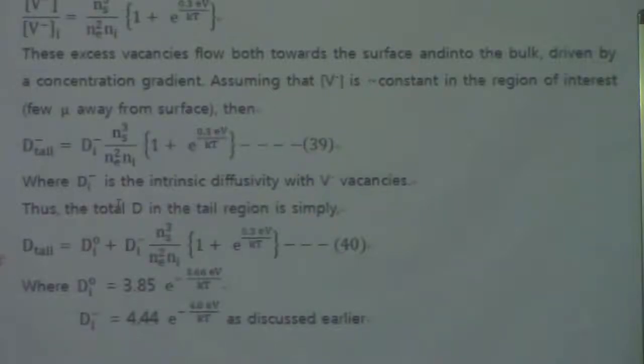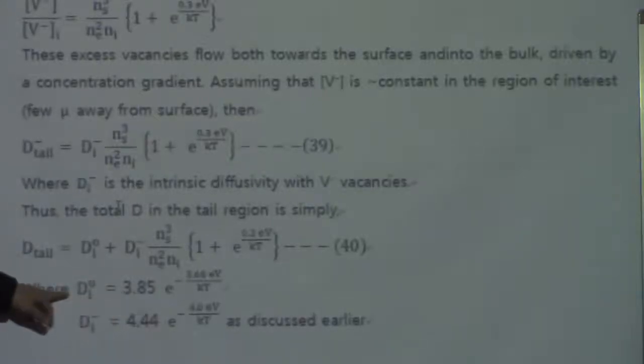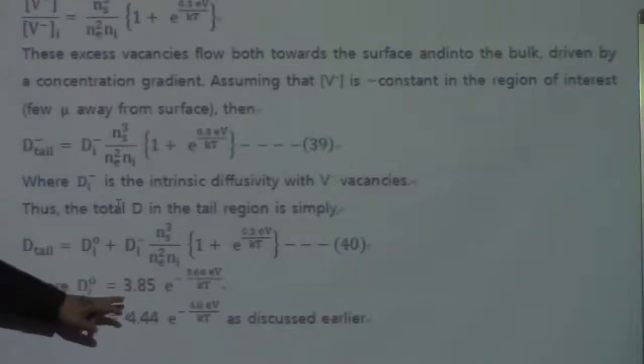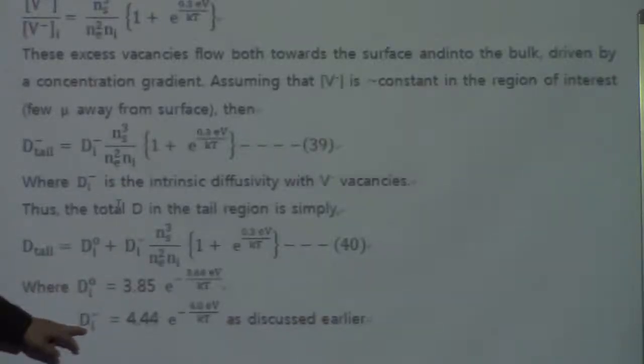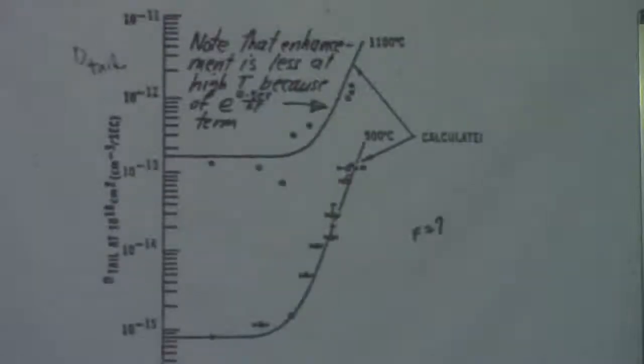At the tail region, we have equation 40, and then we have these values. These are old values; we have discussed them. This is empirically determined, and the negatively charged diffusion coefficient is also given. And this is a plot, and at the tail region, we have an enhancement of the diffusion coefficient.